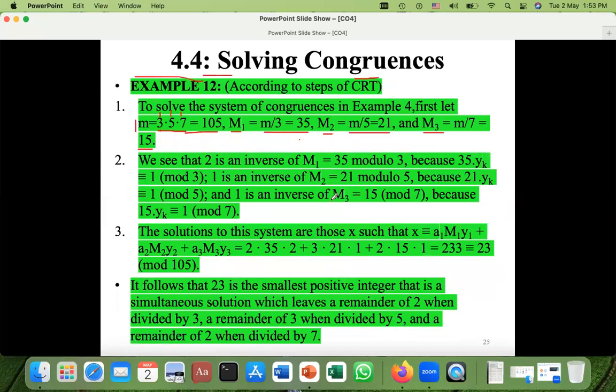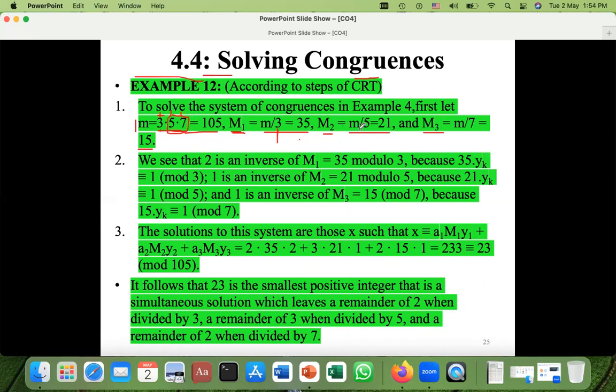So if, for example, you look for M1, except this mk, except this one, it is the product of the other moduli. 5 multiplied by 7, you have 35, and this 3 is not included, which is the case of 3. So for that capital Mk, this 3 is not included, but for others, it is the product.